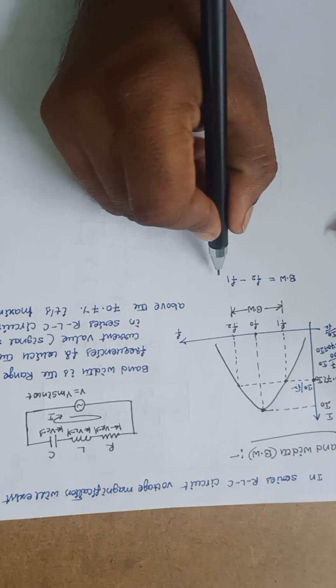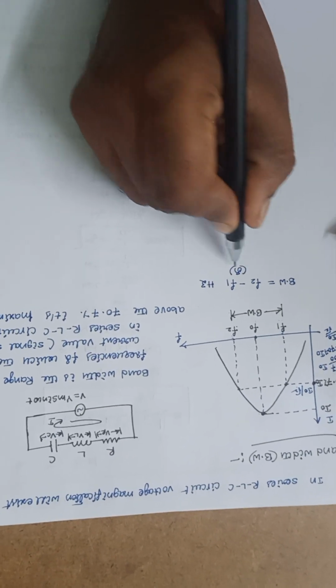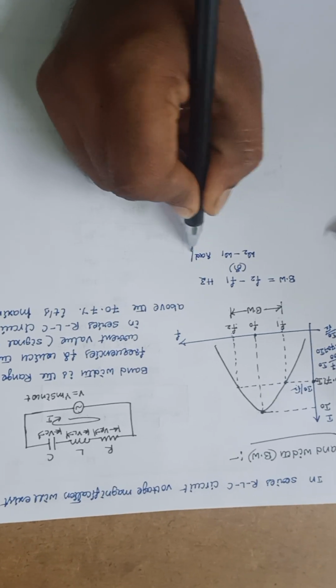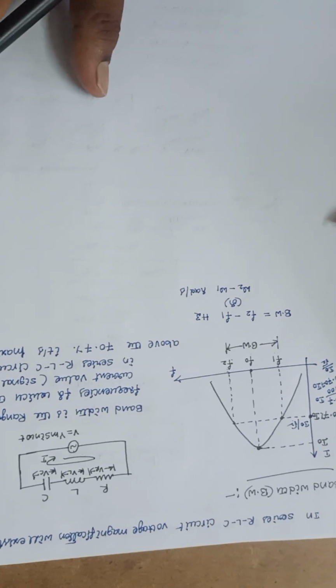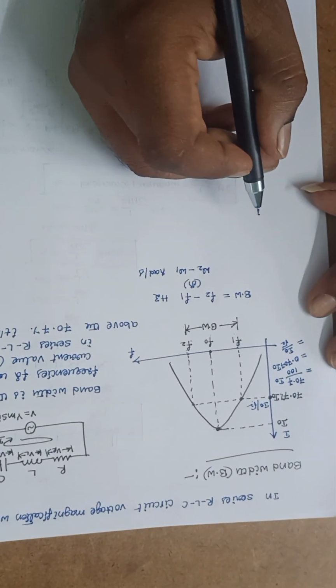Or you can also find the bandwidth in terms of omega 2 minus omega 1, in radians per second. Now how to find this bandwidth? First, proceed like this.